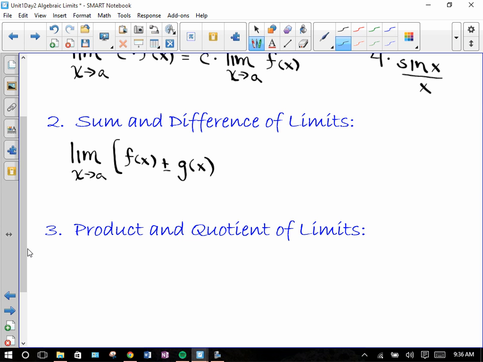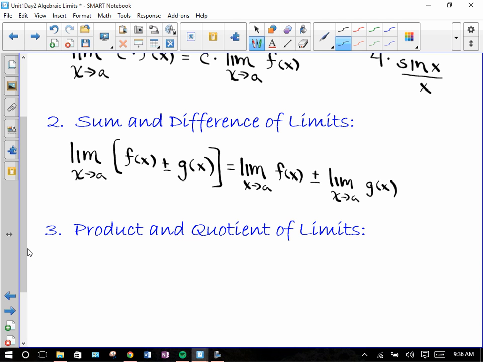I put plus or minus because it could be f of x plus g of x or f of x minus g of x. That is going to be equal to the limit as x approaches a of f of x, plus or minus the limit as x approaches a of g of x.